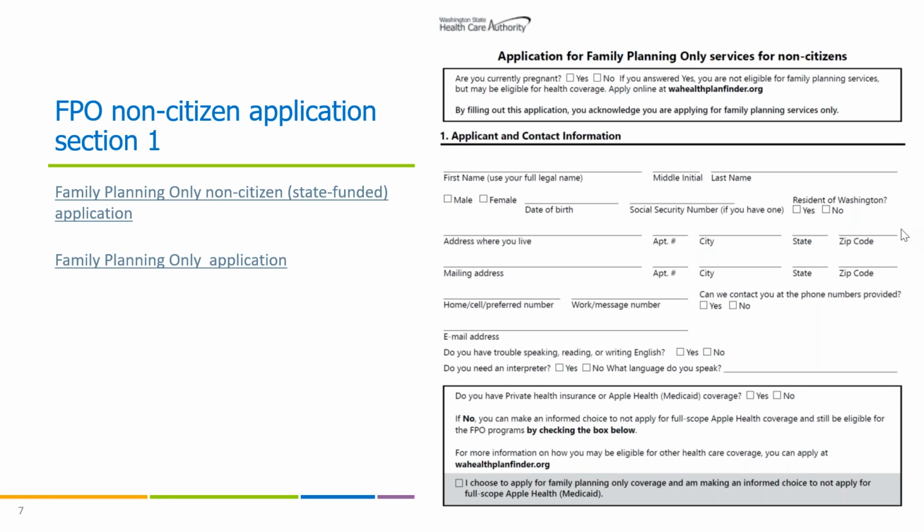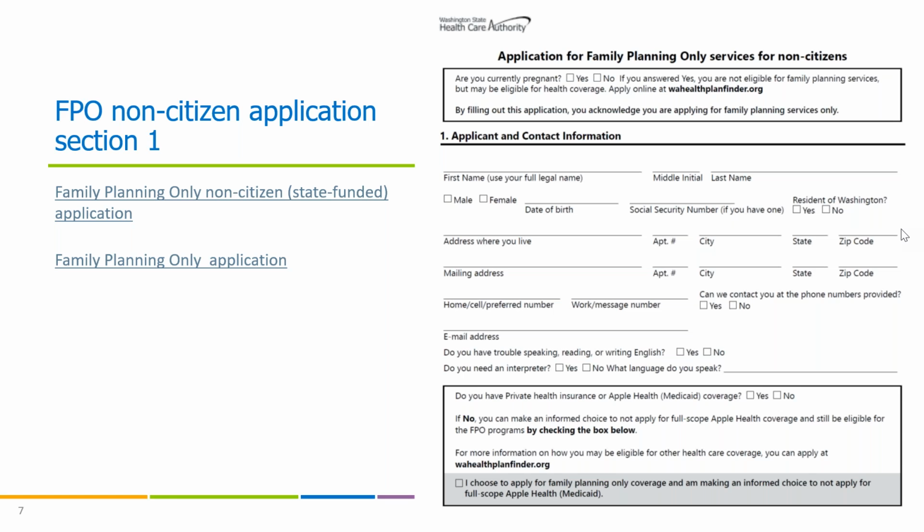It's a good question, because if for example you're a teenager and you don't want mail to get to a certain address, you just need to make sure that where it says address where you live, if it's different, you put your mailing address where you want the mail to go if you're seeking confidential services.